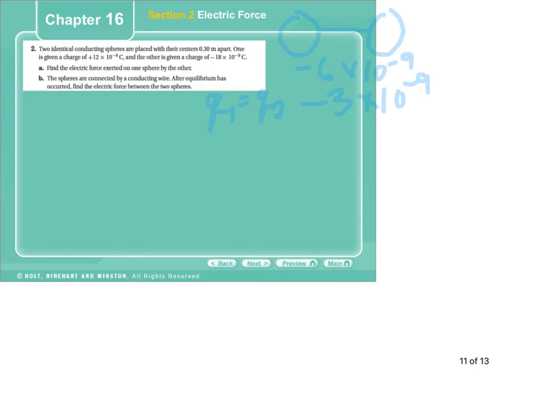Again, because they equalized each other, giving us a total charge of negative 6, negative 18 plus the 12. Each one of them is going to have the same charge, so half of that is where the negative 3 times 10 to the negative 9th comes from.